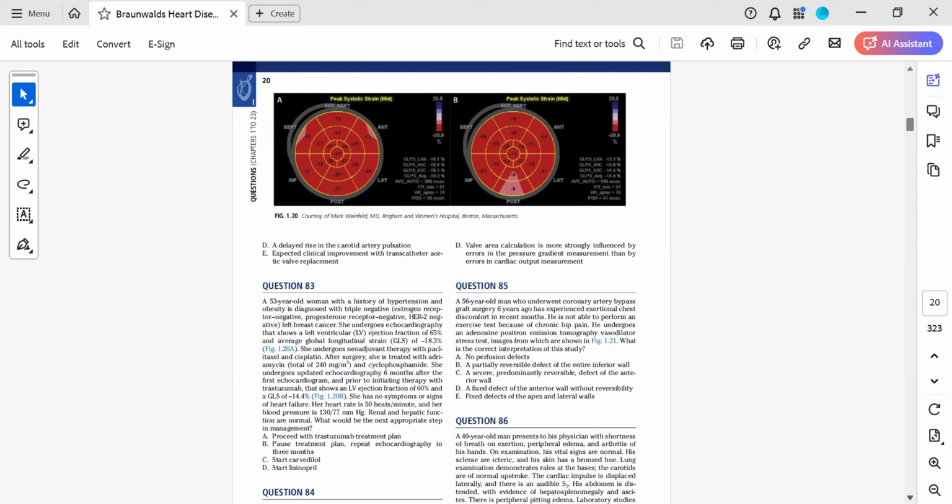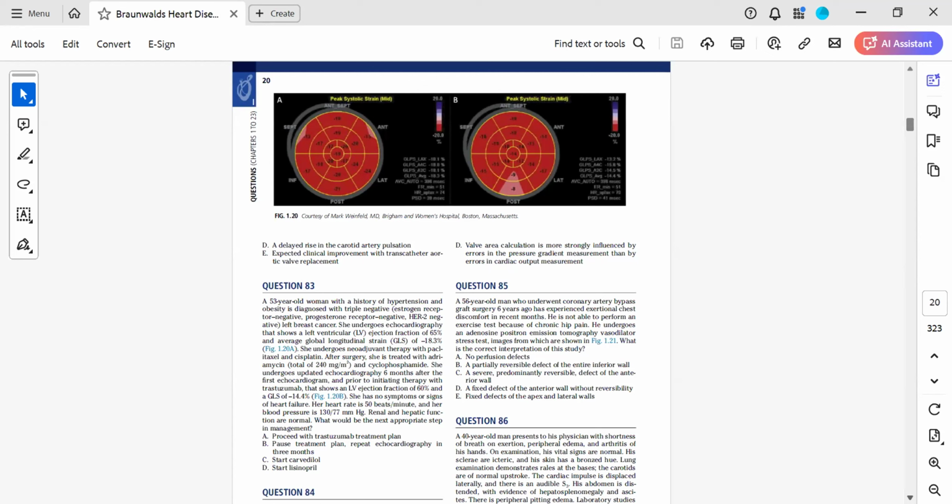Then we can see the image 6 months later, which shows a pink area in the posterior aspects, the inferior part of that bullseye plot, with reduced GLS in that segment.